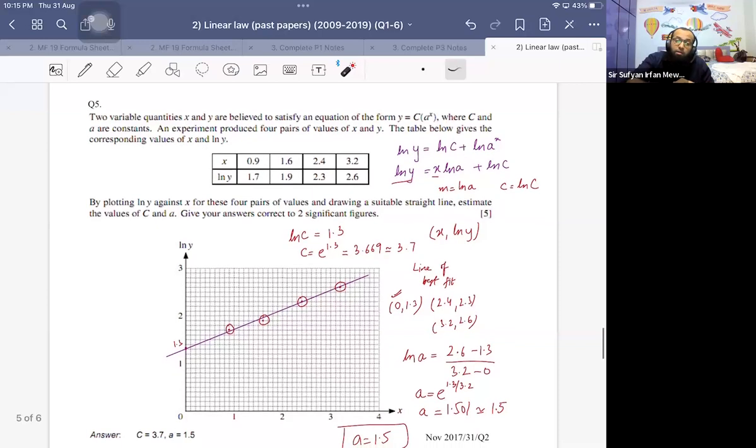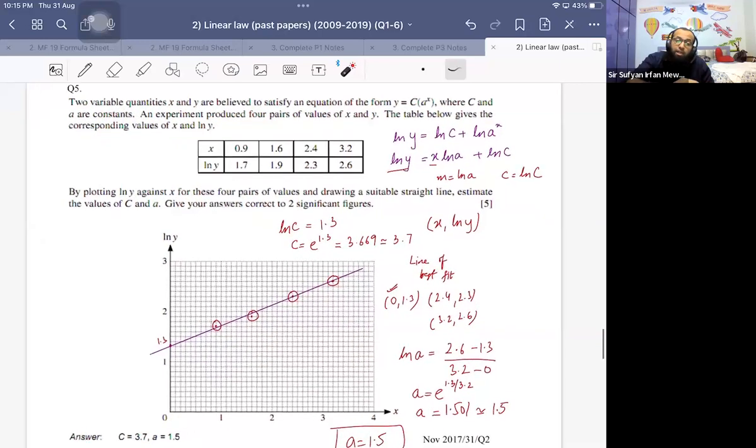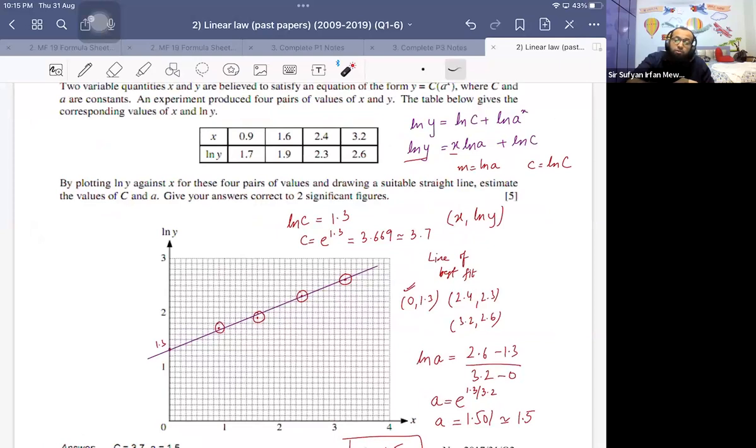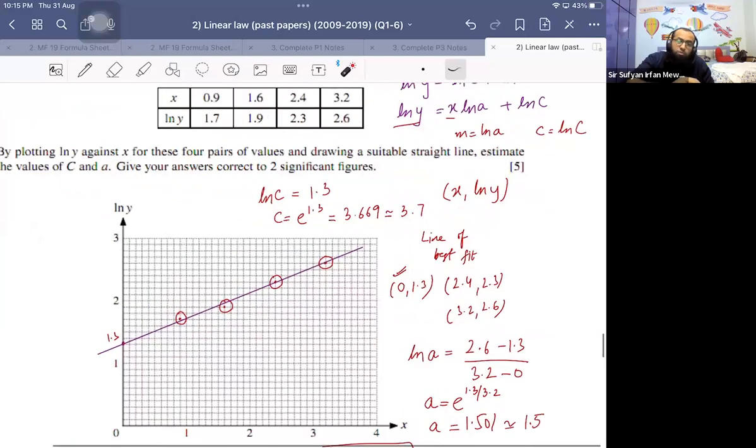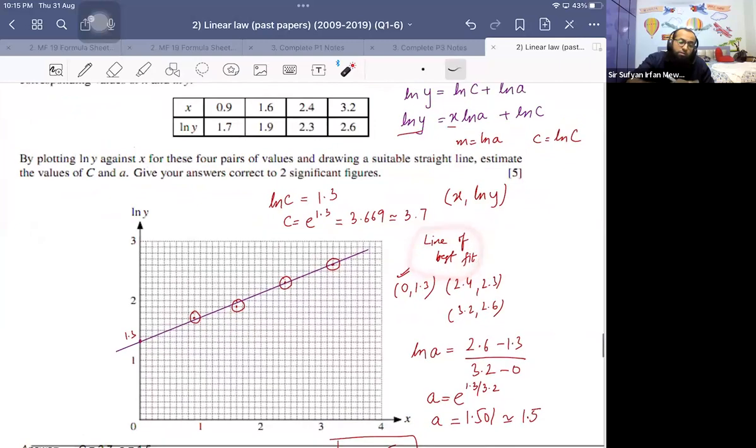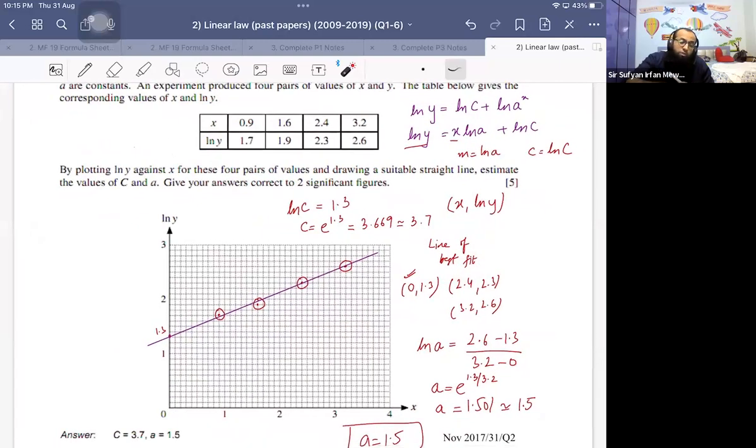They are properly marked, but they are not lying on the one straight line. Because of rounding off errors. So if there are rounding off errors, then we need to make sure that we draw a line of best fit. Now, one thing is we have to draw a suitable straight line. Line has to be a suitable straight line. Then also the word estimate is written.